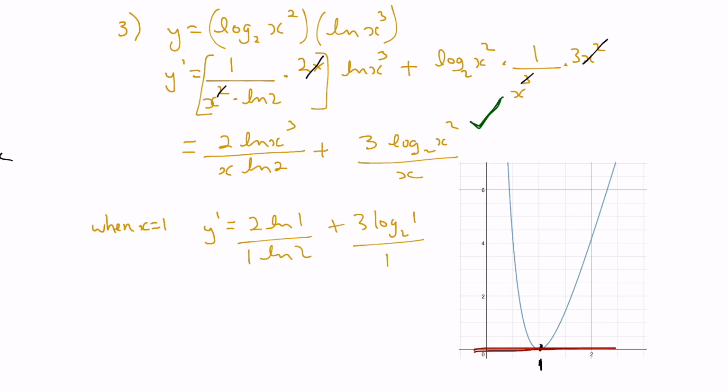Now it just so happens that ln 1 is equal to 0, and that log base 2 of 1 is also equal to 0. So you get some zeros in the numerator here, so our answer y prime, when x is equal to 1, would be 0. And that fits with what we see graphically at 1, so our slope of the tangent line is 0. And there you go.